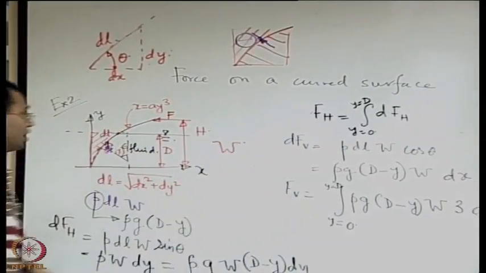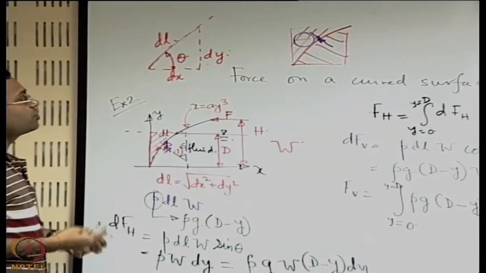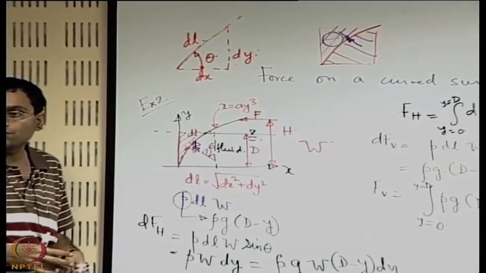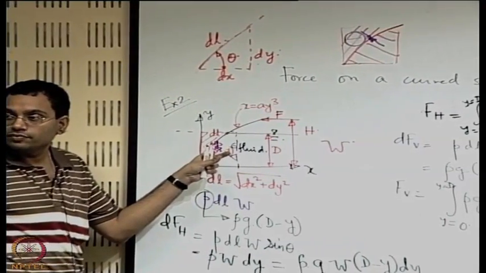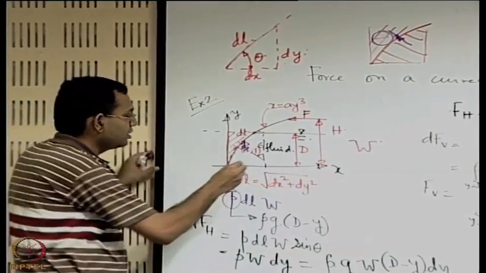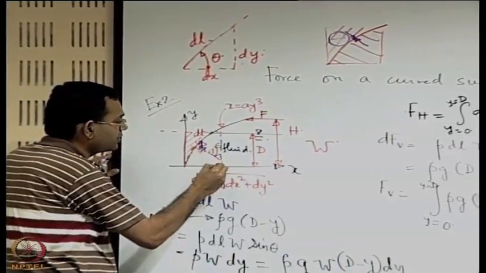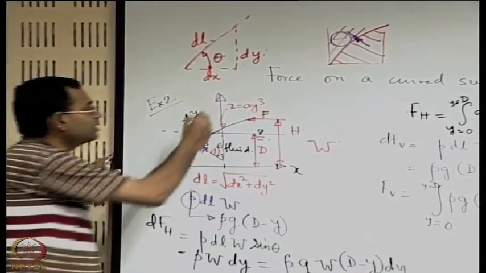Okay. And you can clearly tell what should be the direction of the vertical component of force acting on this, upwards or downwards? Upwards, because the vertical component of this one is directed in this way.